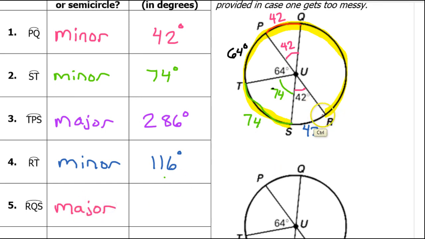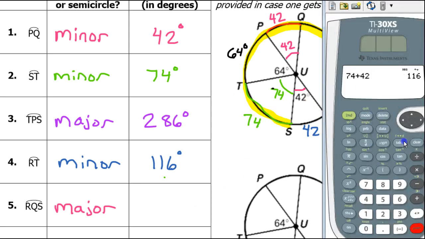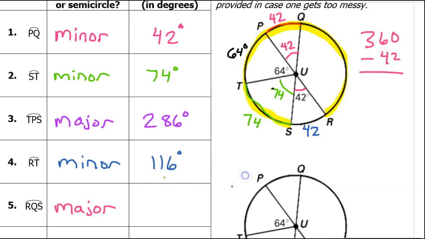And this, again, is almost the entire circle. It's everything except for the 42. So again, if I take the 360 and just subtract the 42, that should be everything else. That's 318 degrees.